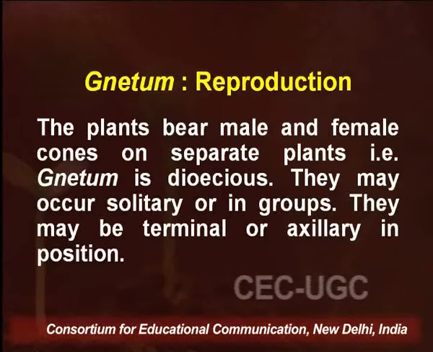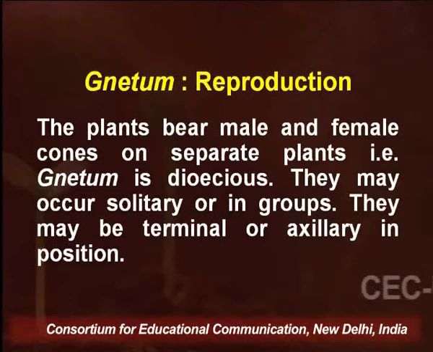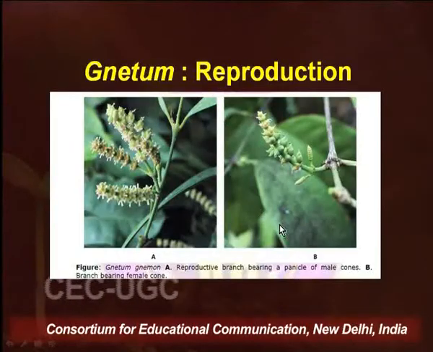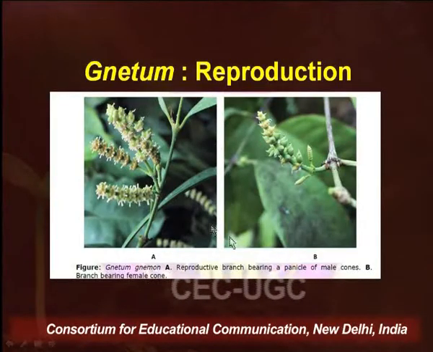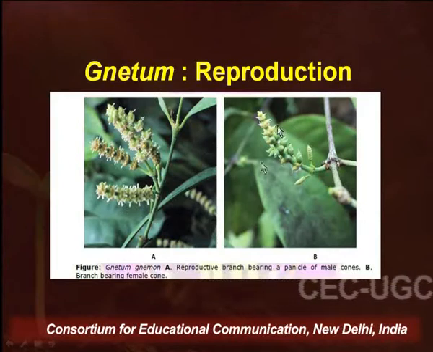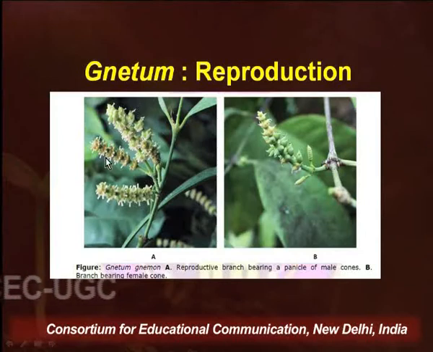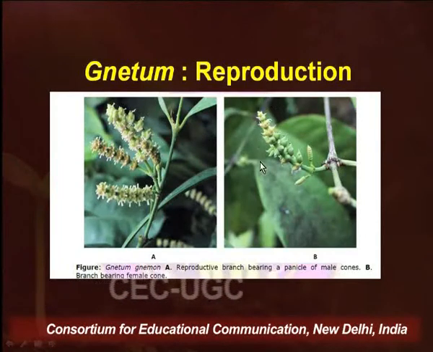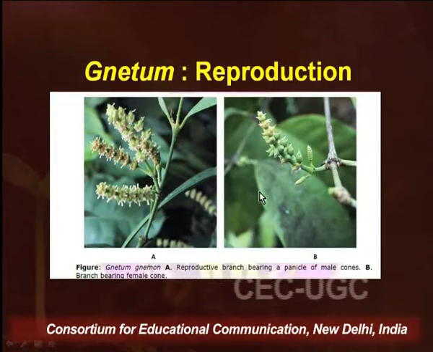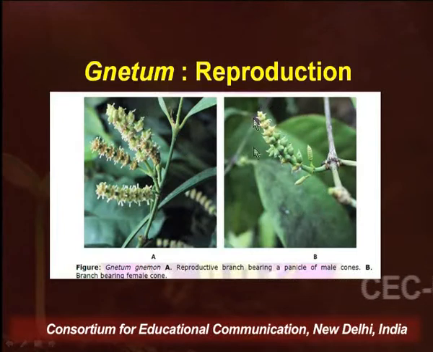They may be terminal or axillary in position also. Here you can see a very beautiful picture of male and female cones of Gnetum. The male cones are found in bunches, more in number, whereas female cones initially resemble male cones, but later on they bear ovules.